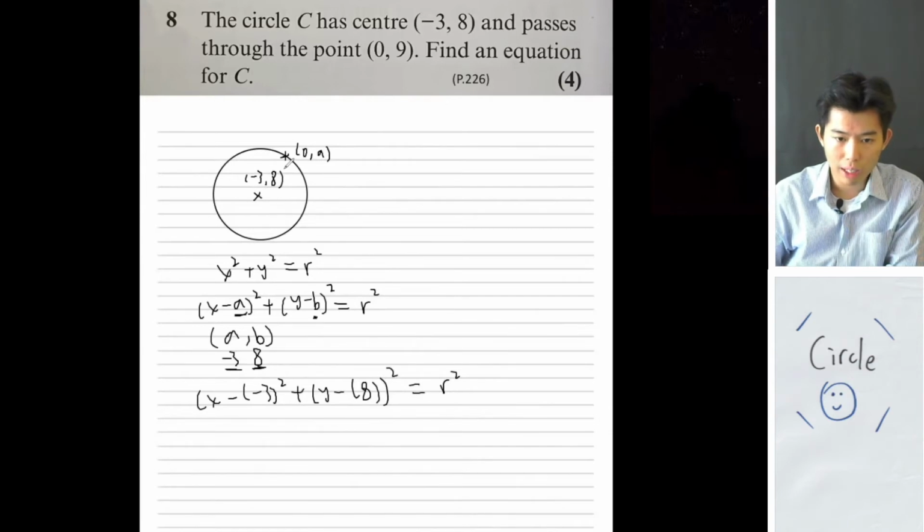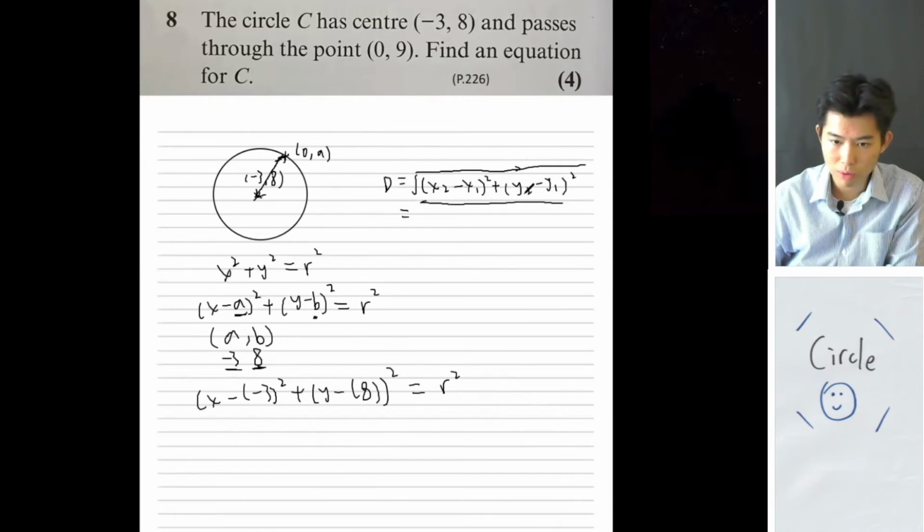And how are we going to get r squared? Basically, it is the distance between the center and the point where the line passes through. So the distance would be the root of (x2 minus x1) squared plus (y2 minus y1) squared.